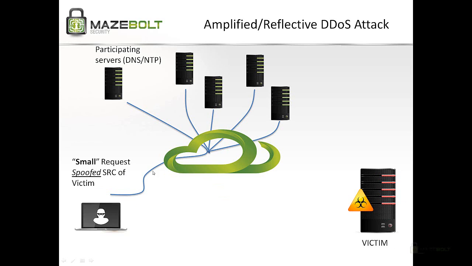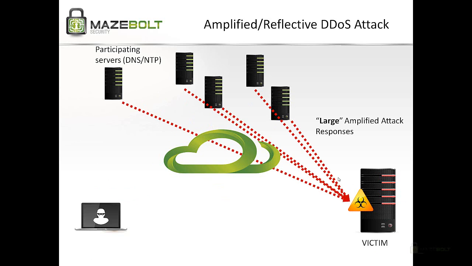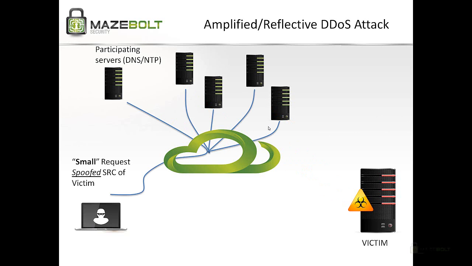So the attacker sends a request to the NTP daemons, the NTP servers, all of them here, then all respond to our victim because the attacker put the source IP address of the victim when he sent the original request to the servers. Now, that's the reflective part of this equation.